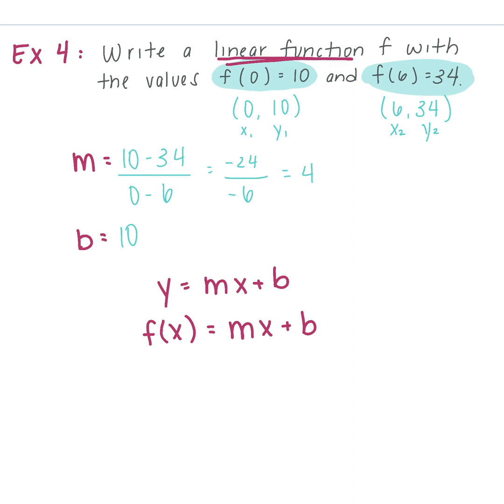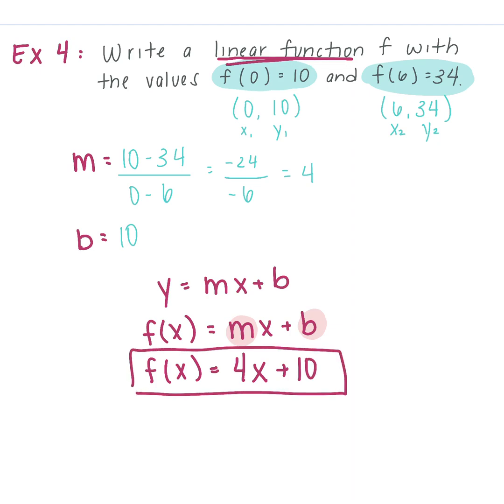And then I'm still just going to replace my m, and I'm going to replace my b, so that my final equation, f of x, equals 4x plus 10. So your final linear function, instead of saying y equals, we'll say f of x equals. But still all the same steps, we're just writing it with fancier algebra notation.